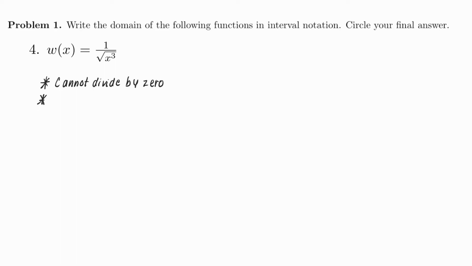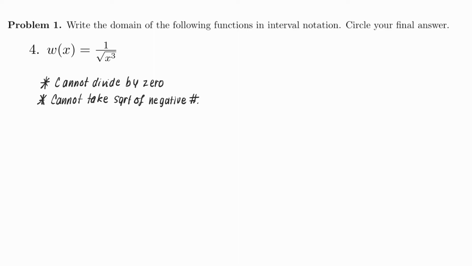And additionally, I can't take the square root of a negative number. So with these things in mind, what I'm going to check first is that I don't accidentally divide by 0.